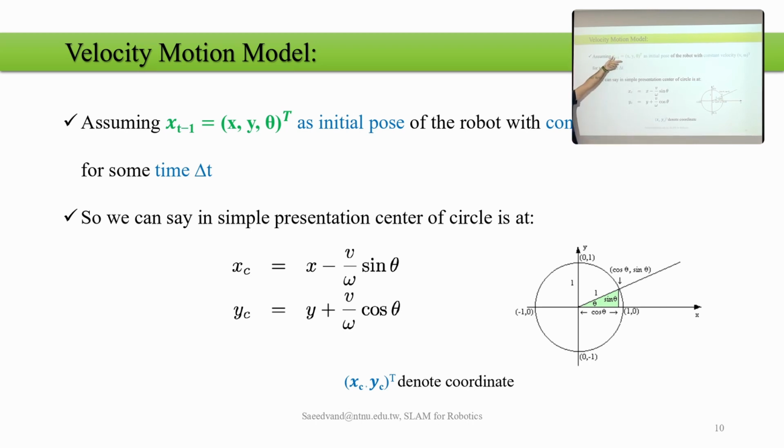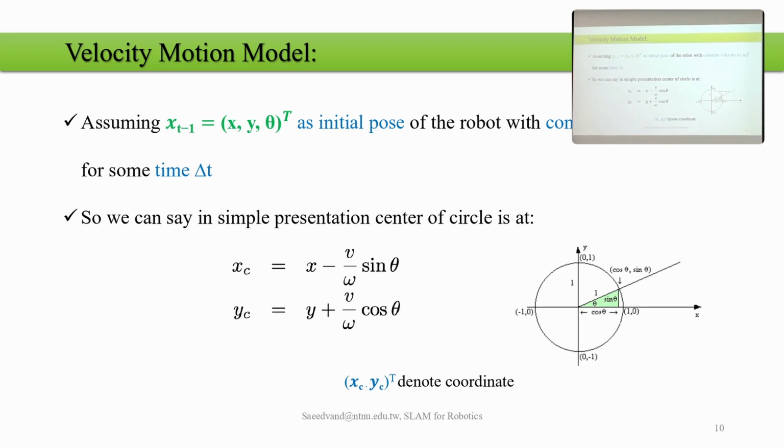We want to find out where the robot xt is, based on the velocity given and the delta t given. The main objective is to find out where the robot can be at xt.